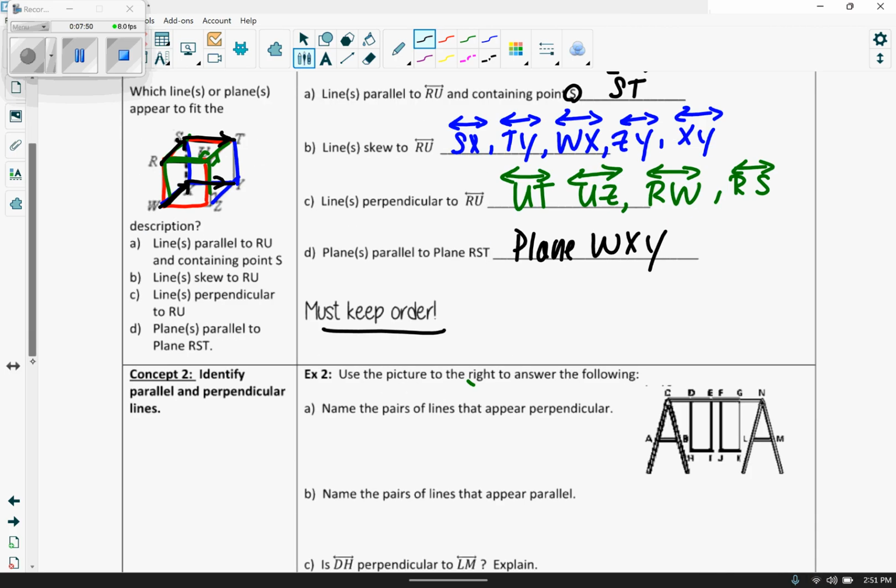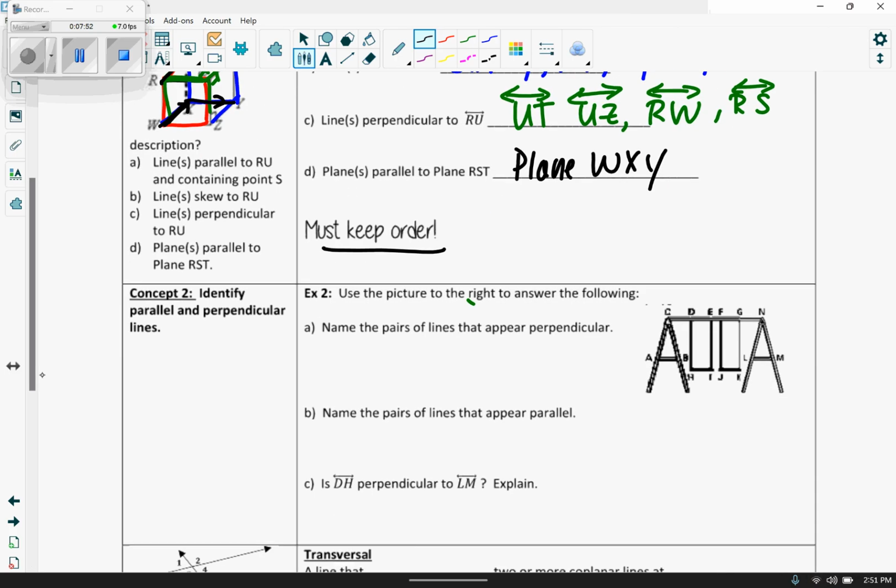All right, then we get down here, naming pairs of lines that appear to be perpendicular. Well, perpendicular would be 90 degree. So things that appear to be at 90 degree, I'm going to use this top piece, this whole thing, as CN. So we're going to say CN is perpendicular to what? Well, I would say to this DH.